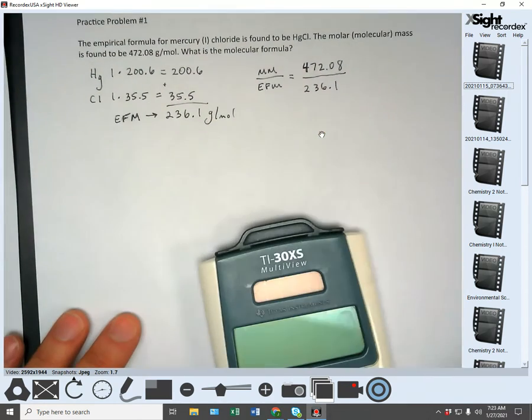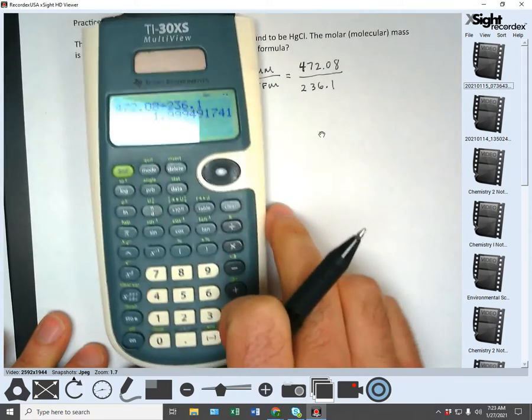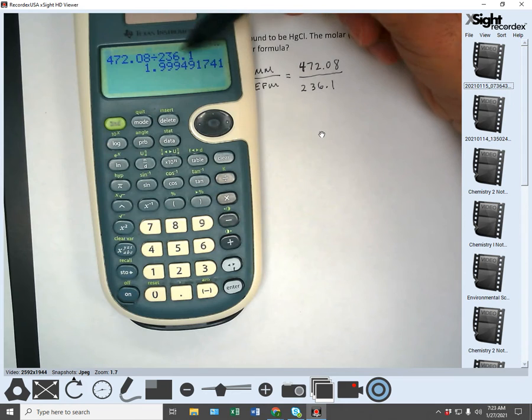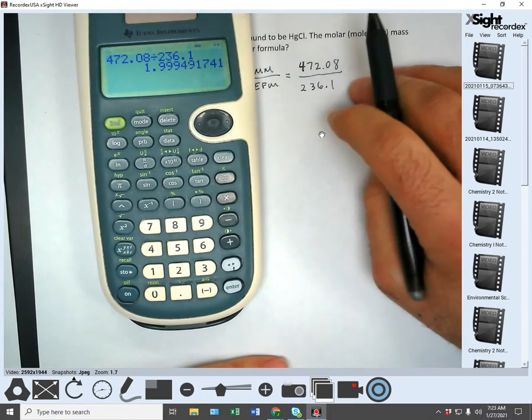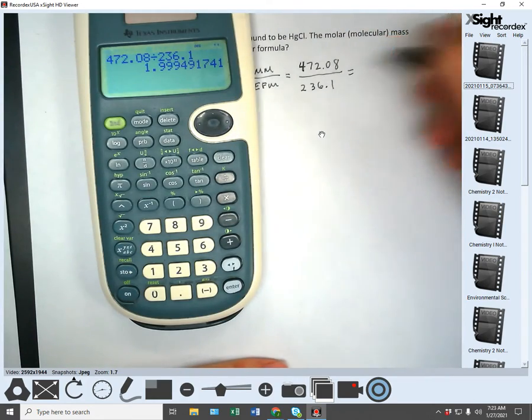Okay. This comes out to be this. So as you can see, this is super close to 2. So that's okay to round, but we're not going to round something like 1.6. That's too far. That means you did something wrong. These numbers, when they come out, they should be either a whole number or very close. So that is going to be 2.